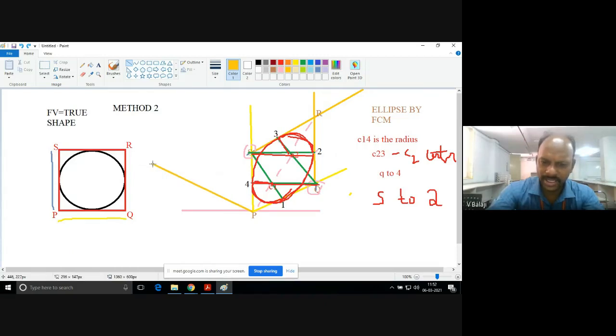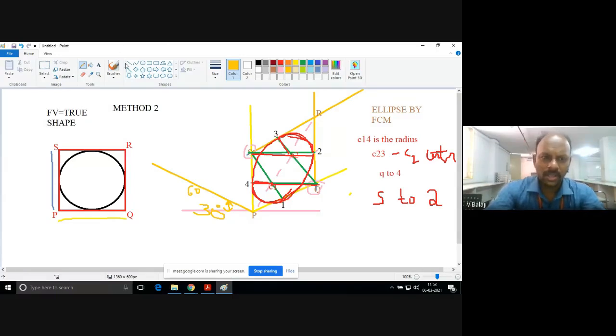Remember, here the angle with the ground is 30 degrees. What is this angle? Remember, this is important. 60 degrees? 30 degrees. The angle is 30 degrees. The length of this is the length of the axis.